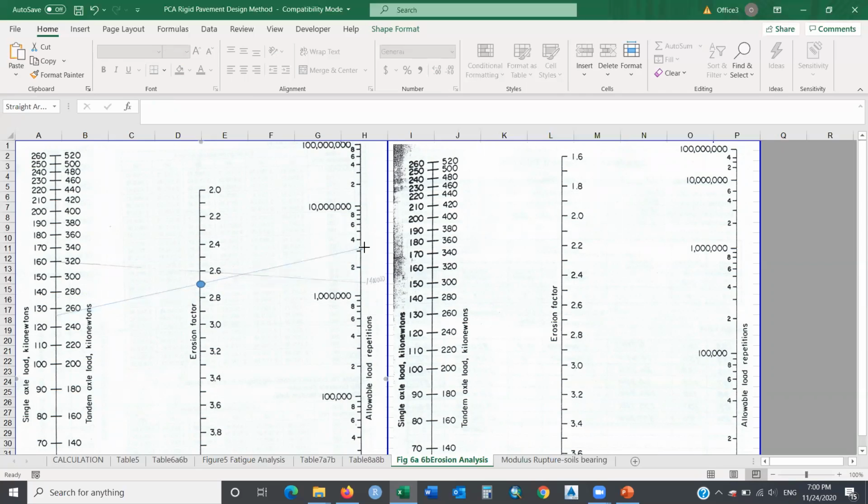Cross through the pivot, and we read here. How much do we read? 3 million, maybe?